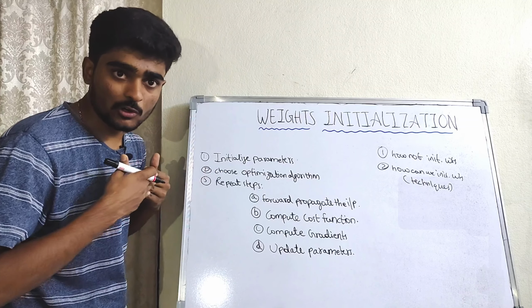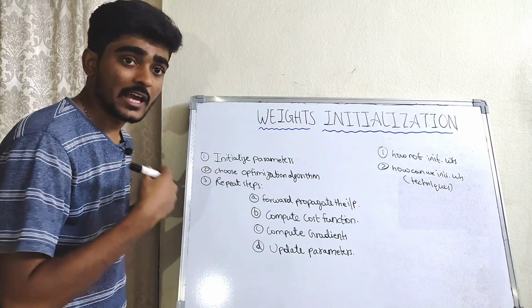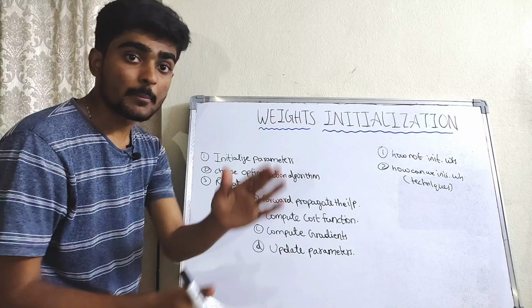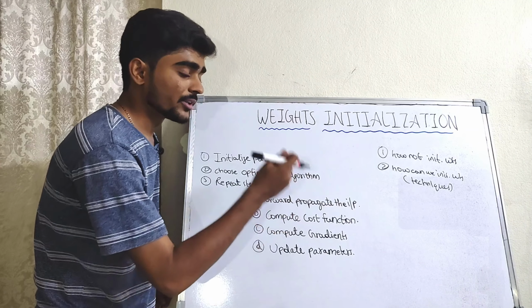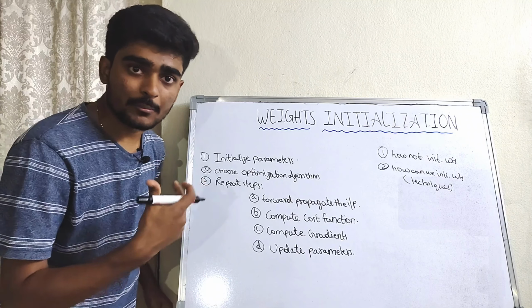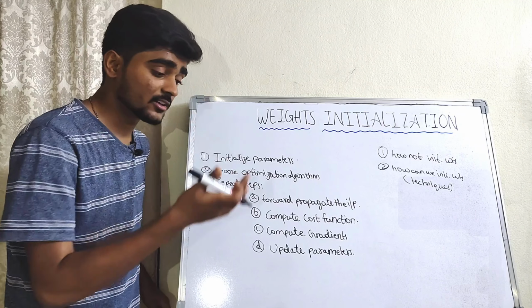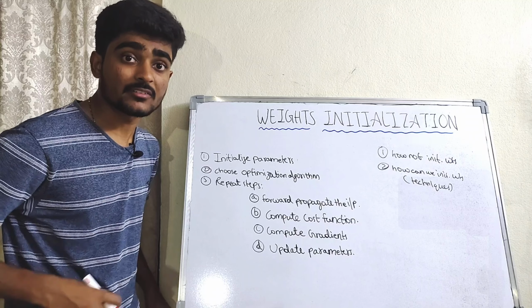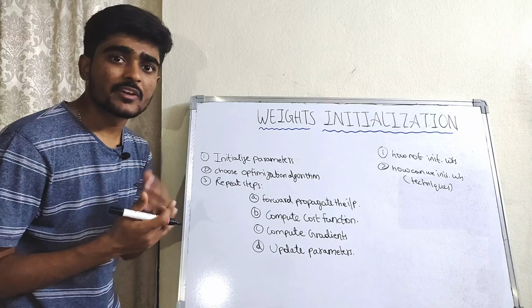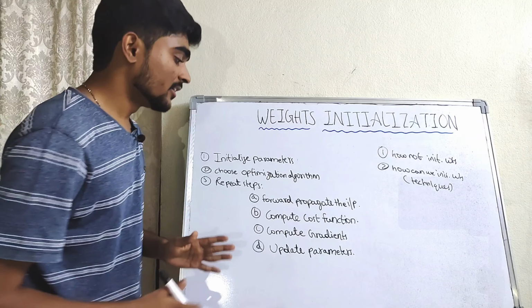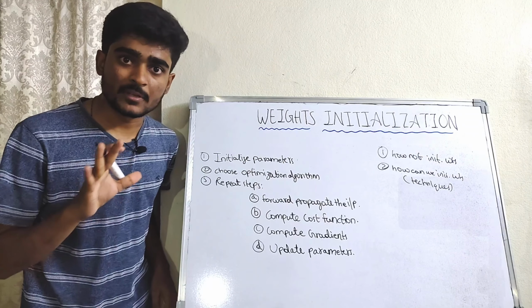First, we forward propagate the input and calculate the cost function between the predicted output and true output. Second, we compute the gradients with respect to the parameters, calculating the derivative of loss with respect to the parameters in the back propagation step. Then we update the parameters by the weights and bias updation rules. This is how an artificial neural network basically works.